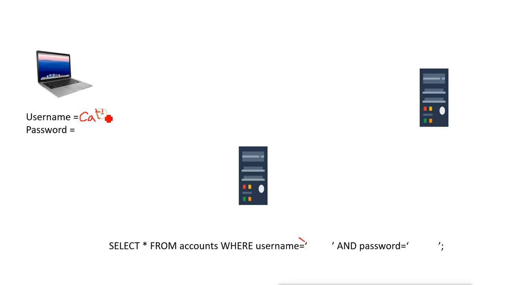Now what will this quote do? It will close the name here, the varchar. Then it will add a combine operator, or, and then it will add 1 is equal to 1.